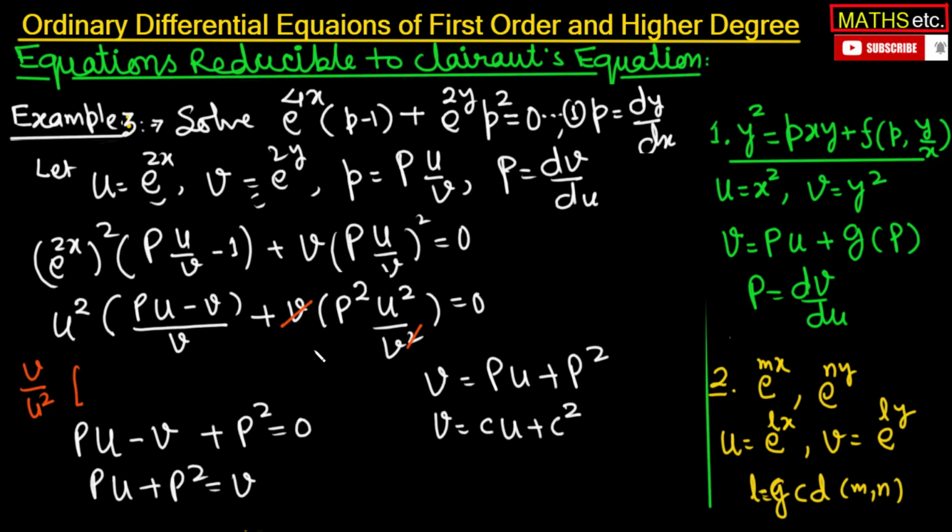Our original equation was given in x and y variables, so let us write e raised to the power 2y in place of v and e raised to the power 2x in place of u. So the general solution in xy form becomes e raised to the power 2y equals c e raised to the power 2x plus c square.